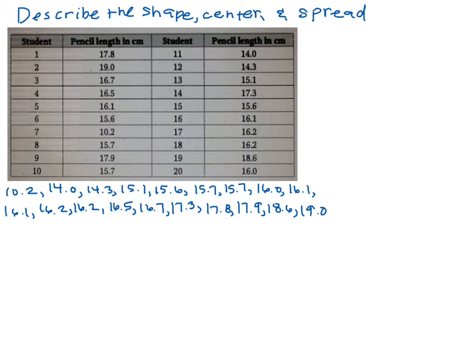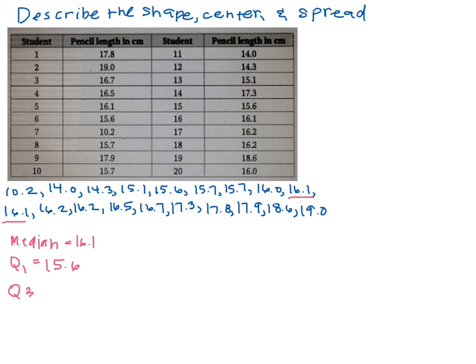The middle in this set of values is split right here between 16.1 and 16.1. So that's going to make my median right at 16.1. My first quartile is 15.6.